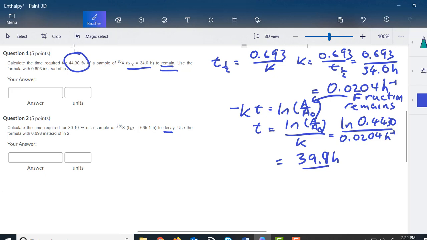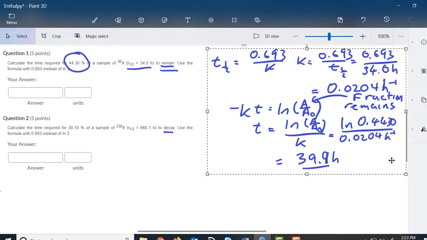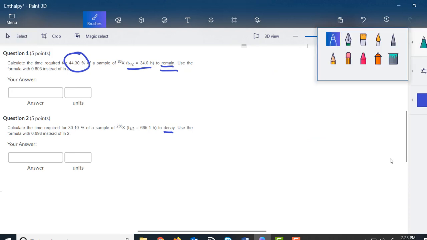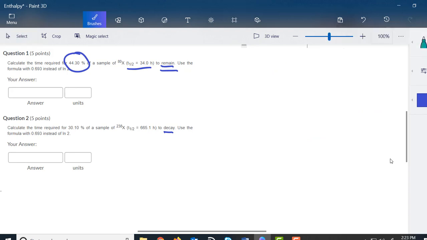So what I'm going to do is I'm going to actually delete this so that I can have the room for the second question. And we're going to be starting again with the same situation. We've got T half is equal to 0.693 over K. K equals 0.693 over T half.